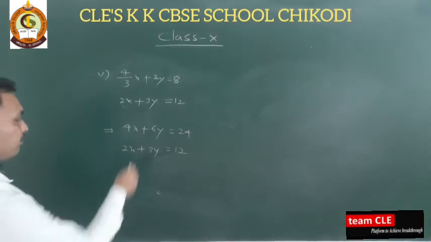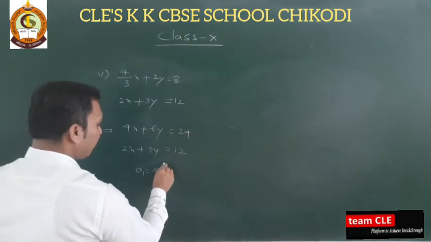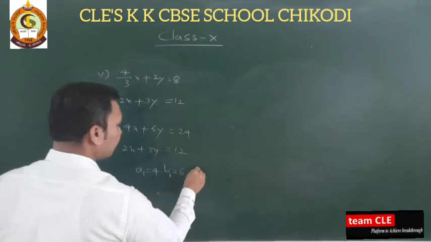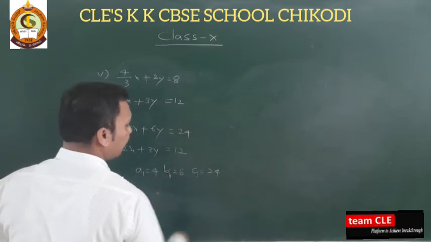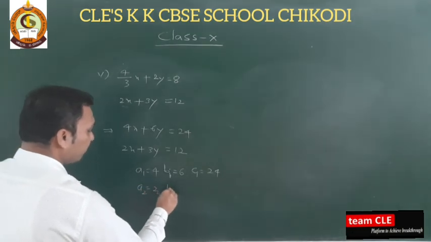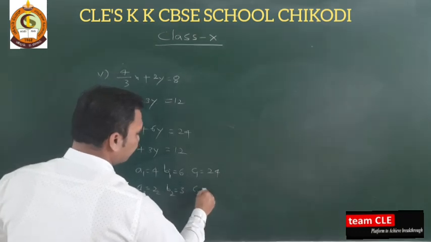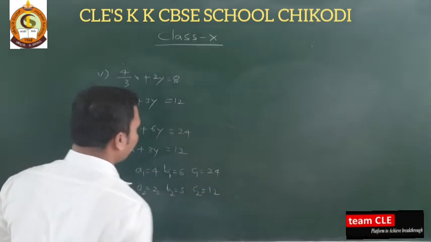From these two equations, A1 is equal to 4, B1 is equal to 6, C1 is equal to 24. Now A2 is equal to 2, B2 is equal to 3, C2 is equal to 12.